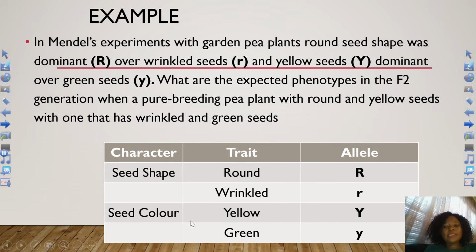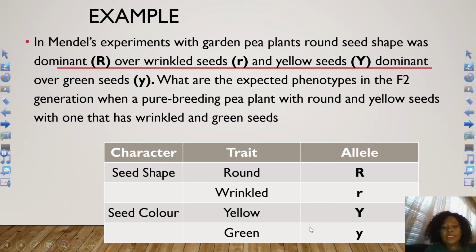Now with each characteristic, there are two variants of that characteristic. We refer to them as traits. So for seed shape, you can have round seeds and you can have wrinkled seeds. Round, because it is dominant, the allele representing the round seed will be represented by capital R. And for wrinkled seeds, because it is recessive, we use a small letter r.